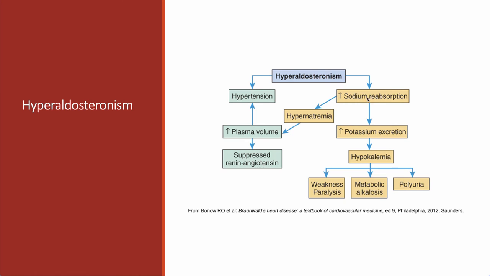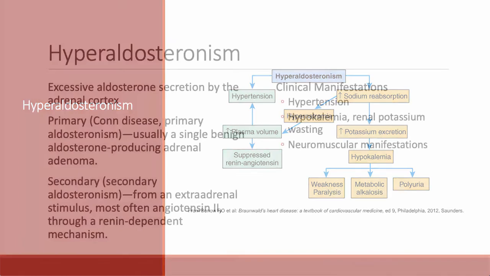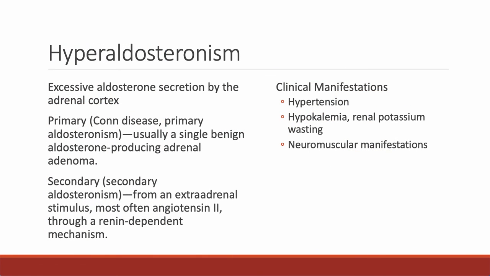As that sodium gets reabsorbed in the kidney, that causes more plasma volume retention, which causes hypertension and also suppresses the renin-angiotensin system. All of these things together make hypertension worse. Okay. Two forms of hyperaldo.